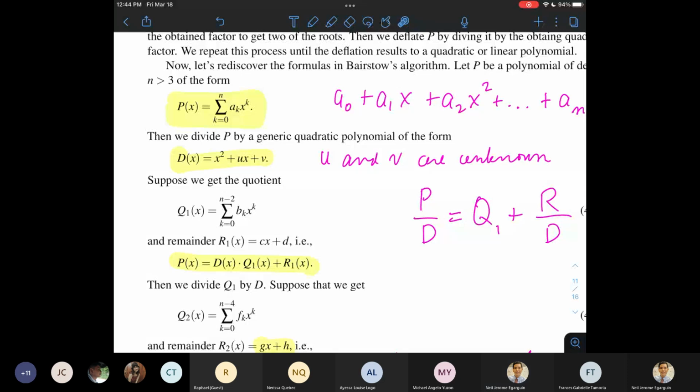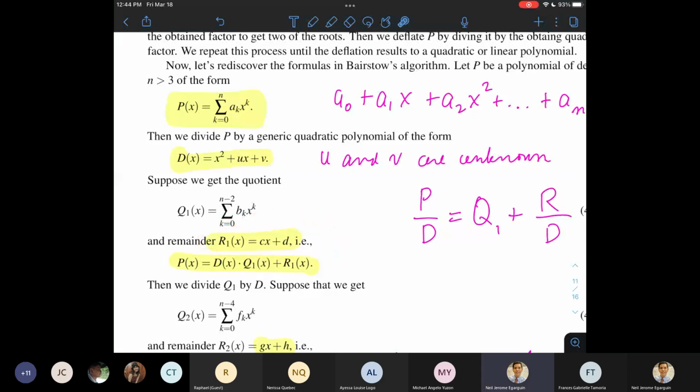Alright. So by the factor theorem, or a consequence of the factor theorem, D will become a factor of P if the remainder is equal to 0. Okay. So, ganun, di ba? Magiging factor siya kapag ginawa mo yung division, tapos ang remainder ay 0. So we want R1 to be 0.